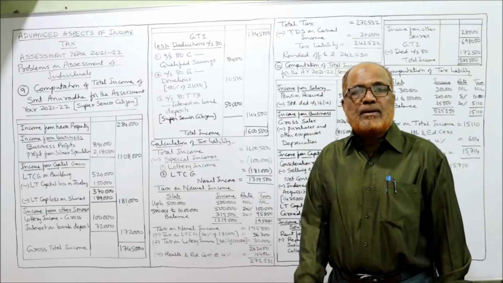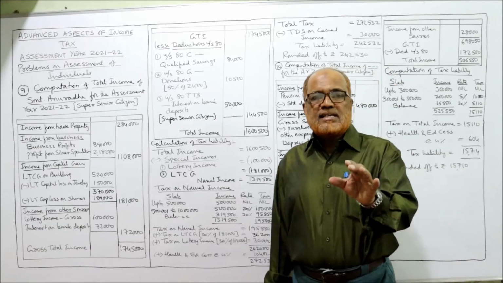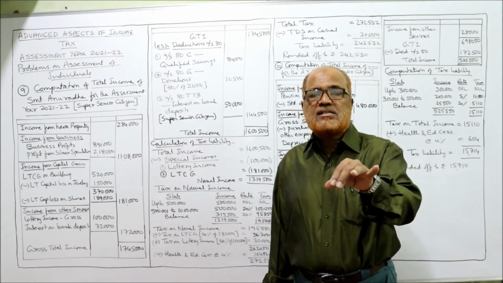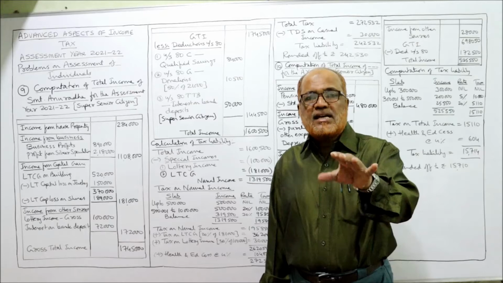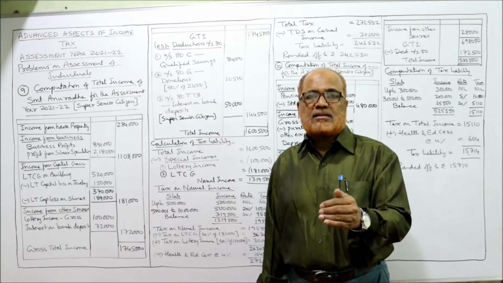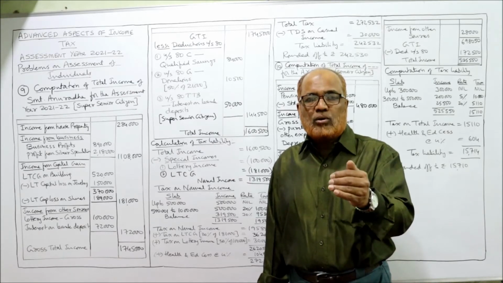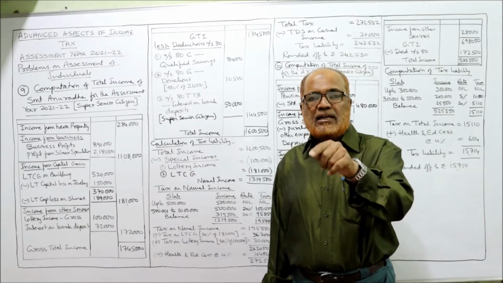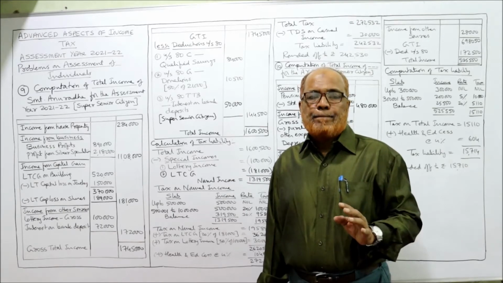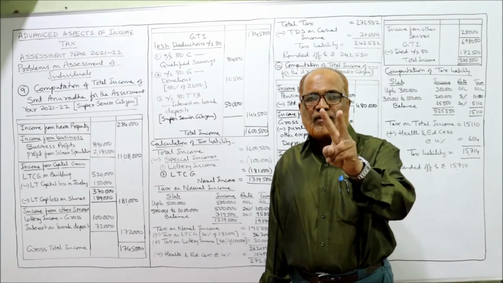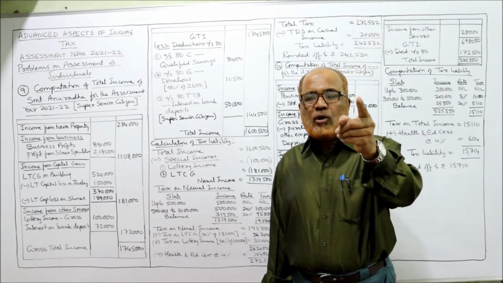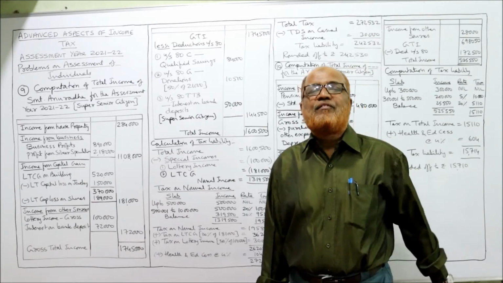Now a student must know, when an SSC is a super senior citizen and the SSC has received bank interest, then deduction will be allowed under section 80TTB. The amount of deduction is the least of the following two: actual amount of interest or fixed amount 50,000.